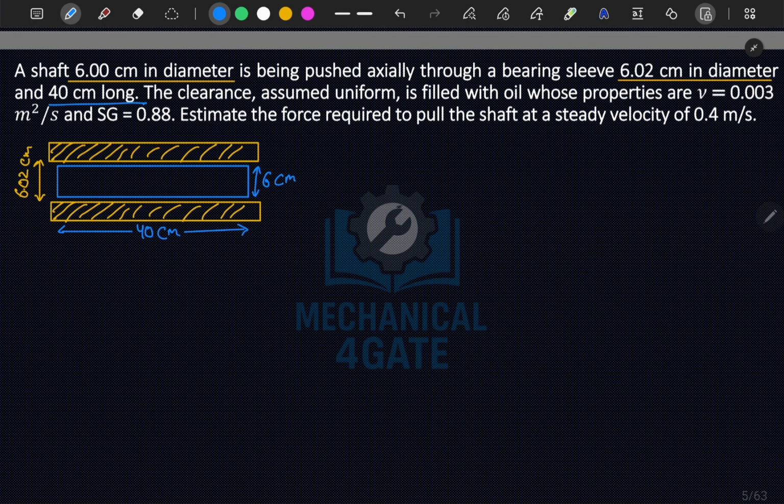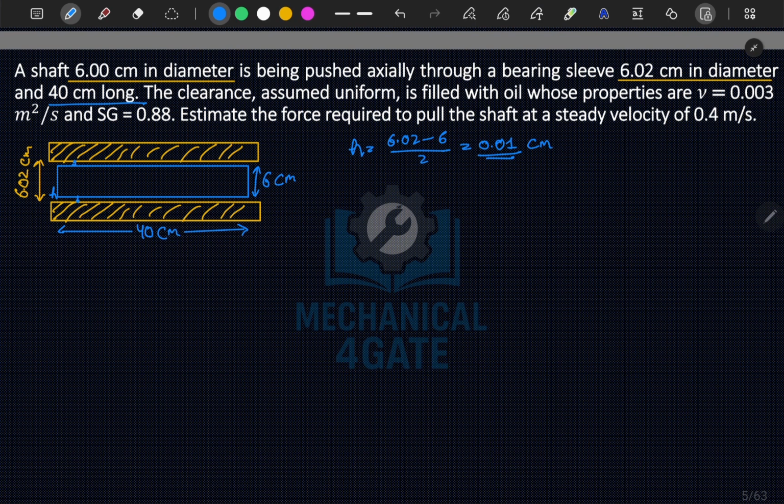Assume the clearance is uniform. We can say this clearance, let's say it as h. So we can write h is equal to 6.02 minus 6 divided by 2, that is 0.01 centimeter.